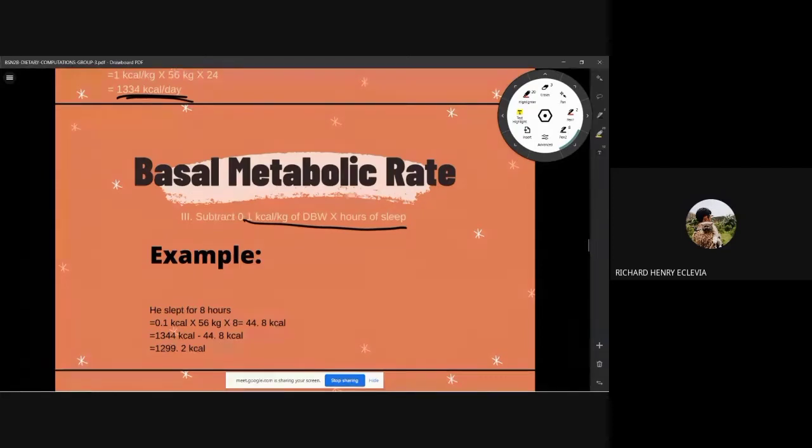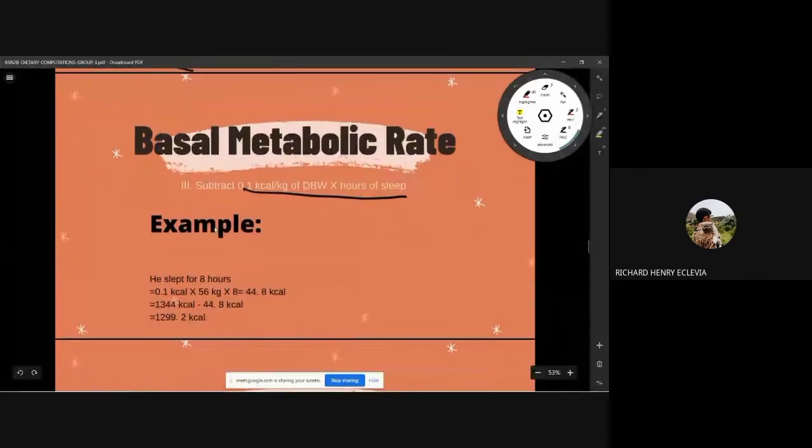Like, he slept for 8 hours. So to compute, 0.1 kcal times 56, the desired body weight, times 8, the hours of sleep. Pag kinumpute mo yan, ang lalabas is 44.8 kilocalories.